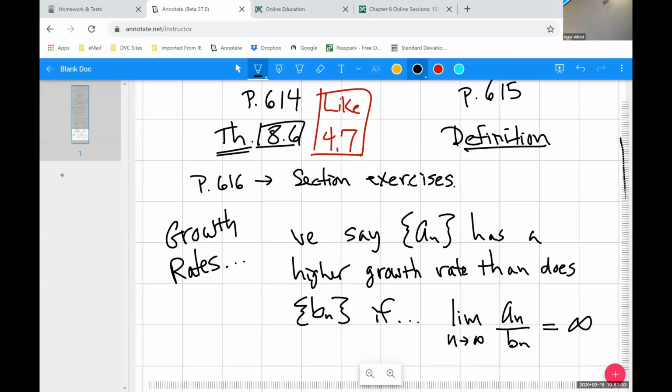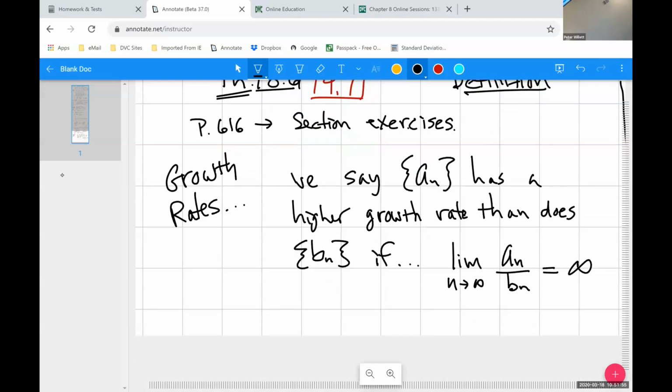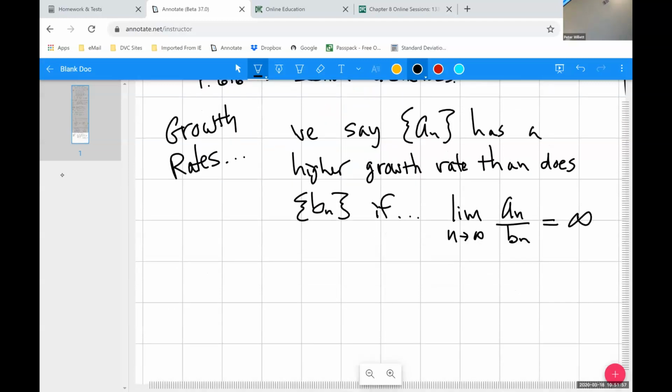So again, this is a concept from before. It's hard to recall it quickly if you don't remember it at all. But the basic idea is when two sequences are going off to infinity, we want to pick winners. We want to say which one is heading to infinity at a faster rate. So this creates a list of which things grow faster than which other things.